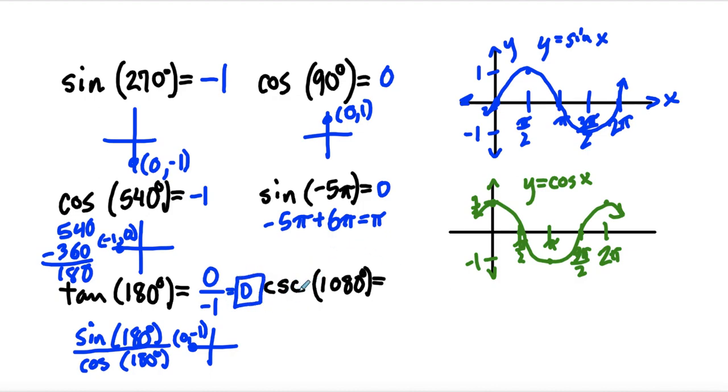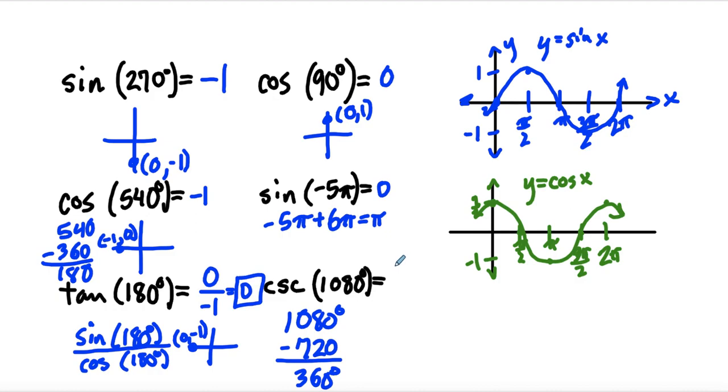Let's look at one last one, cosecant of 1080. If you start subtracting 360, you're going to quickly find yourself at 360 or at 0. Let's just subtract 720, and that's going to put us at 360. So cosecant of 360 is equal to cosecant of 1080.